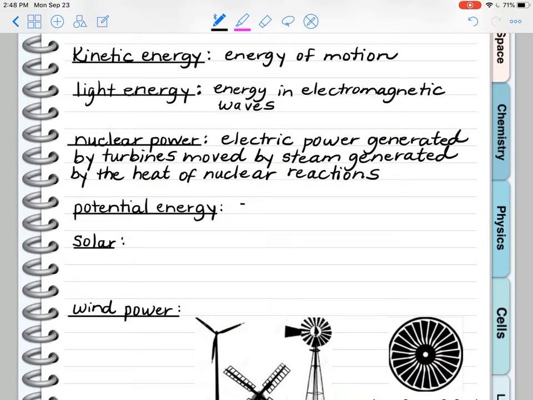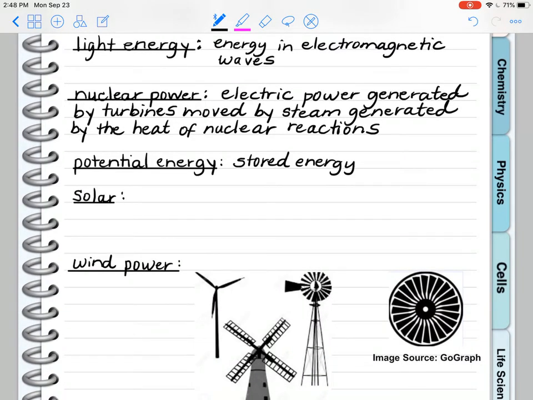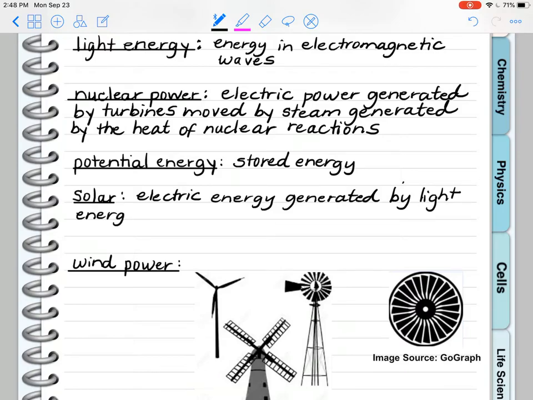Potential energy is stored energy. And we're going to look at that on the next page. Solar energy is electric energy generated by light energy from the sun, moving electrons through solar panels.